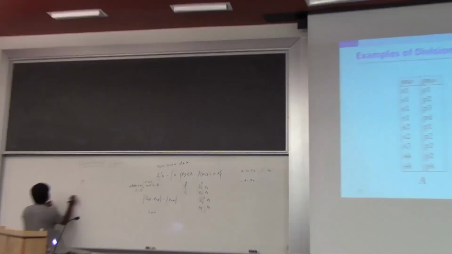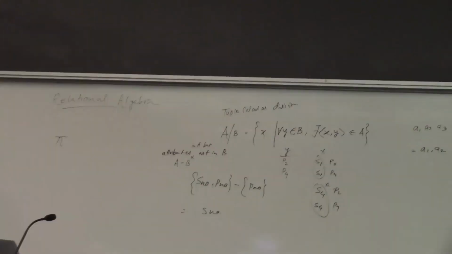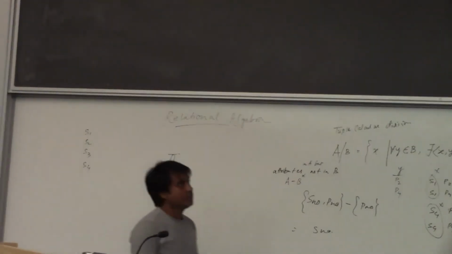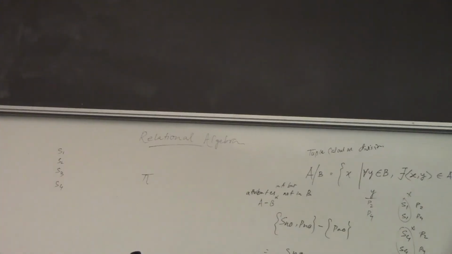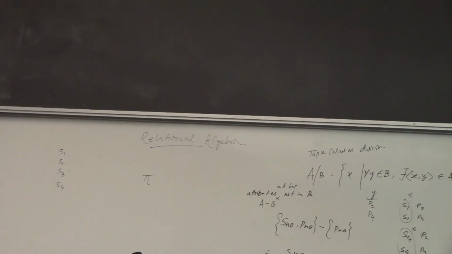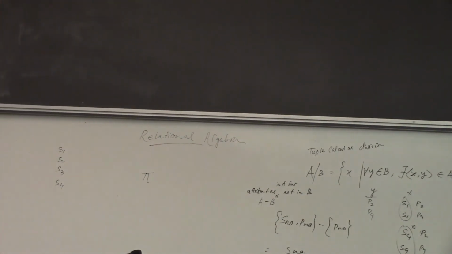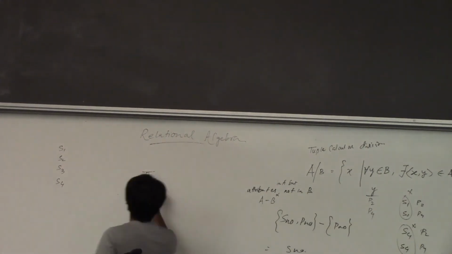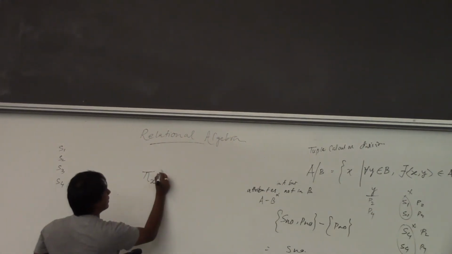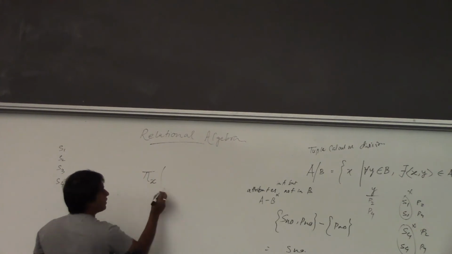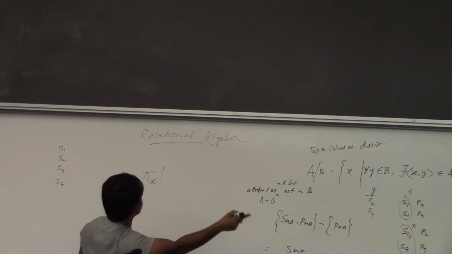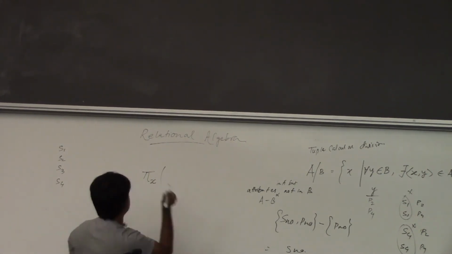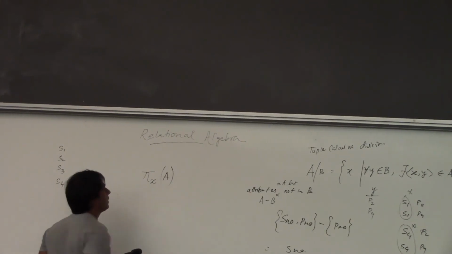So the possible results are S1, S2, S3 and S4, right? This is from the first attribute, S number, right? They are the possible elements. So let's project that. Let's say x, and then we project this, let's call it A, okay?